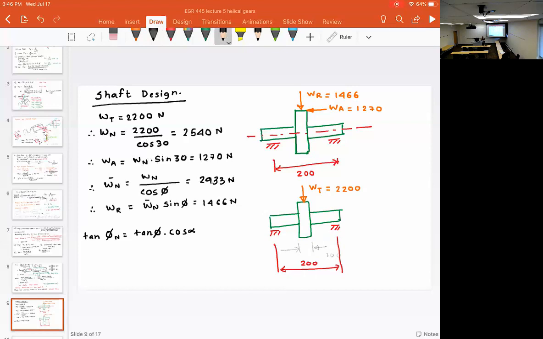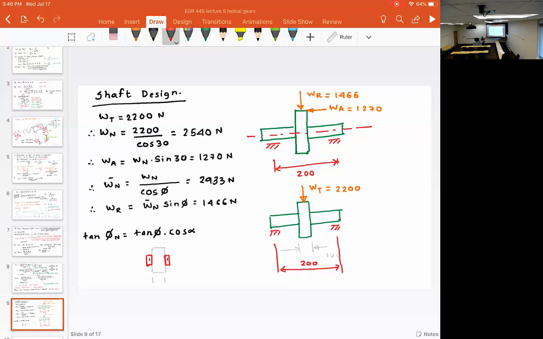Just to give you a physical understanding of the implication: this is 100. 110 means the bearing center line would be somewhere here. That's very close, which means your overall bearing width cannot be more than 10 millimeters.